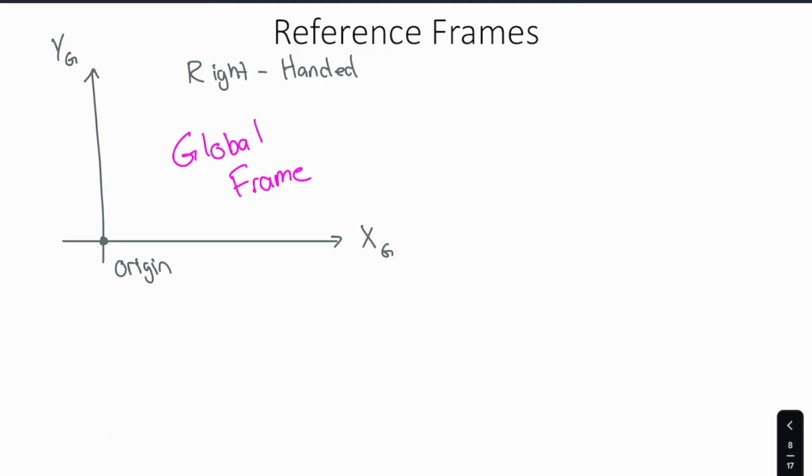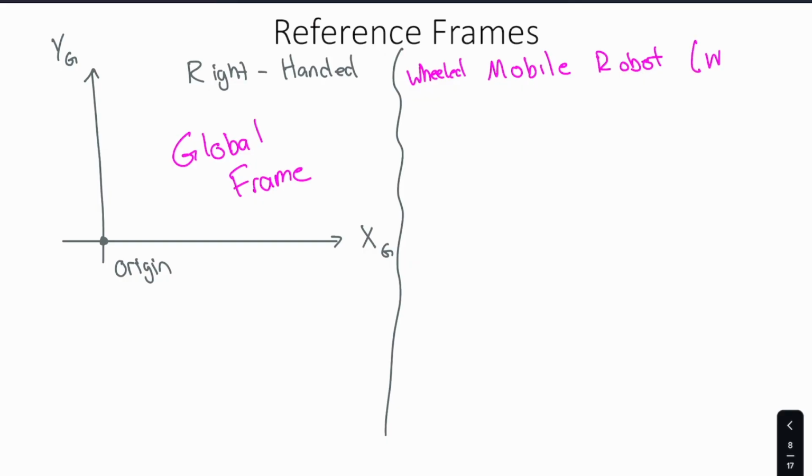Now let's look at a more specific frame. Let's have the mobile robot's frame. And this is going to be our wheeled mobile robot, and I'll refer to that as our WMR for the rest of the slides.